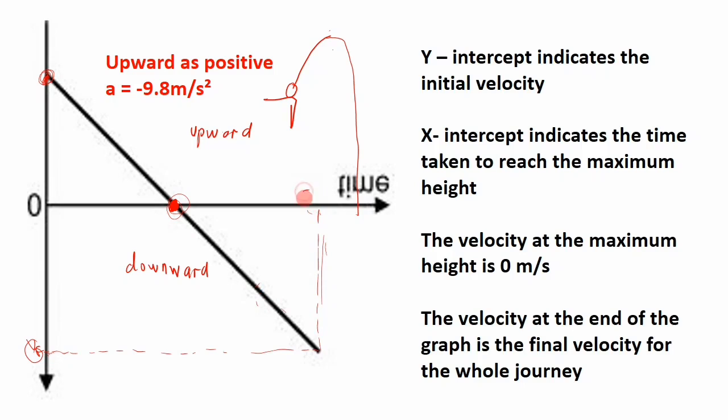So if the whole journey for the ball is 2.5 seconds, we want to indicate the 2.5 seconds there. And if it took 0.5 seconds to reach the maximum height from the position it was released, then we indicate the time to reach the maximum height here, right? So having all that, let's look at the scenarios that we have.